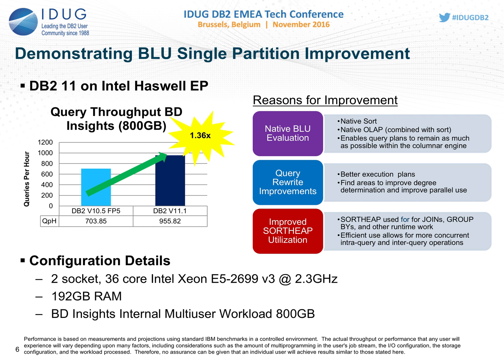We did some tests with BLU on a single server, so non-DPF, and we used a multi-user warehousing workload, and we ran this on Db2 10.5, fixspec 5, and Db2 11, and we measured the throughput, so how many complex queries can be executed per hour. And we found that in version 11, the throughput was roughly 1/3 higher than in version 10.5.